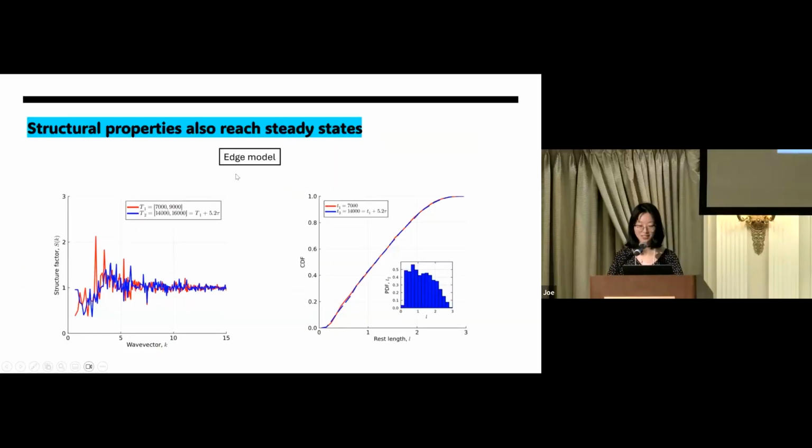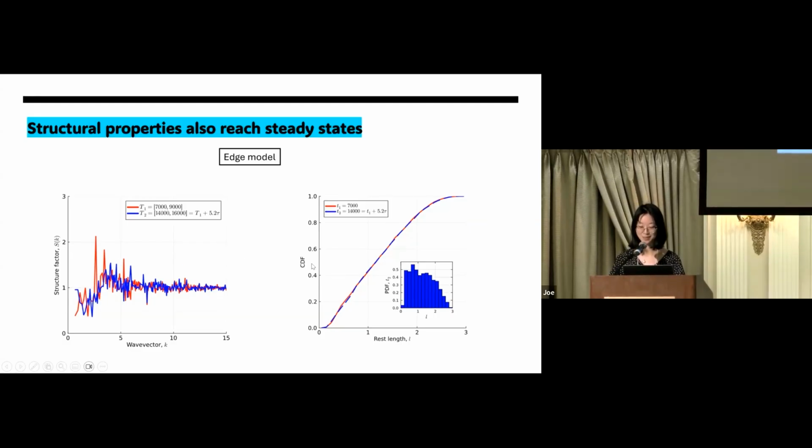Cool. And not only do mechanical properties reach steady states, we see that the structural properties also reach steady states. Here we have the structure factor, that's the Fourier transform of the pair correlation function between the edge centers. We can see that for T1, a time interval, and T2, another time interval separated by 5.2 times the typical turnover time scale, we have a statistically invariant structure factor.